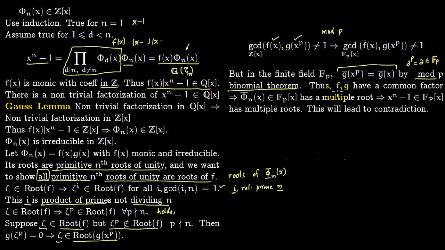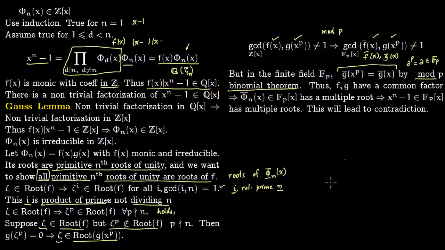So therefore f bar and g bar have a common factor. So instead of g bar(x^p), you can say g bar(x) here, because we are working in a finite field. So this becomes greatest common divisor of f bar and g bar is not 1. So they have a common factor.